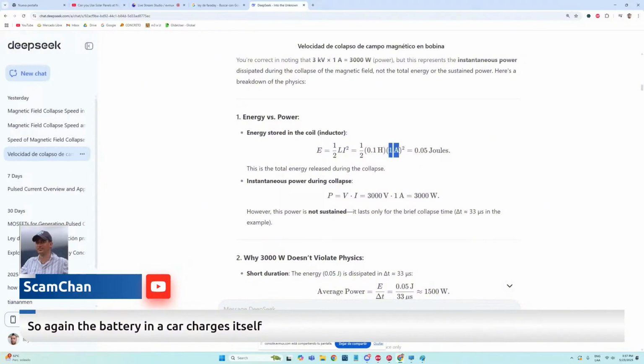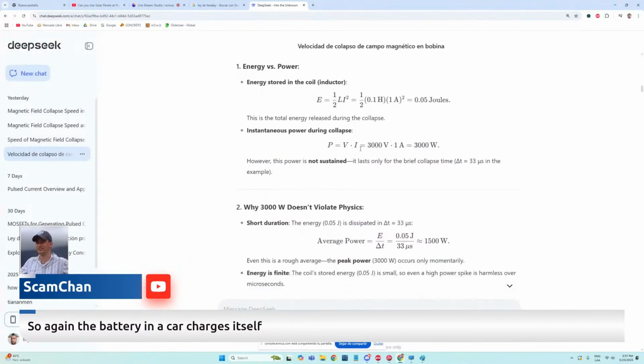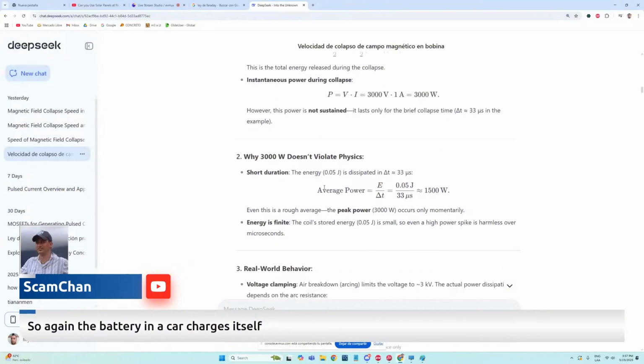If there is 1 amp of current going through the coil, it's only 5.05 joules. So that's really very little energy. But look at this instantaneous power during release: 3,000 volts, 1 amp, 3,000 watts. But look at this: average power equals the amount of energy released divided by the amount of time it took.